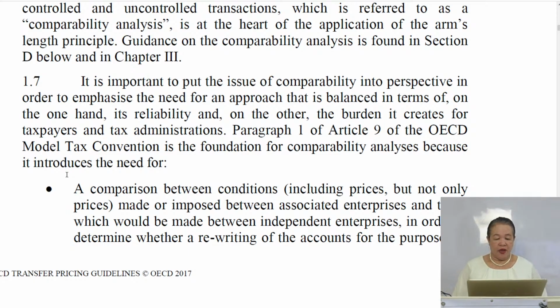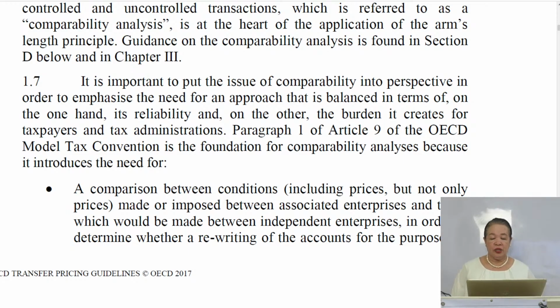So you have to compare between conditions, including prices, but not only prices, of course. Because we have 5 comparability factors that we have to consider in making a comparability analysis. So made or imposed between associated enterprises and those which would be made between independent enterprises.